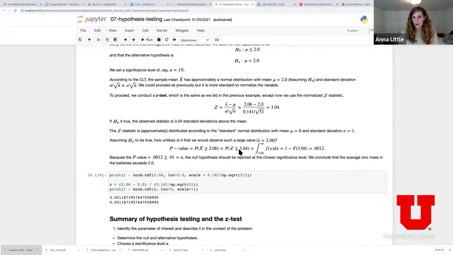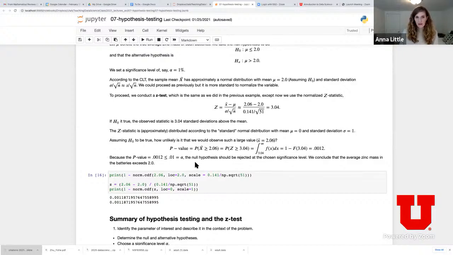So these two probabilities are exactly the same. But once we've standardized, we can compute this probability simply by integrating the PDF of a standard normal random variable. So 1 minus F of 3.04, and we get 0.0012. This is a pretty small value.